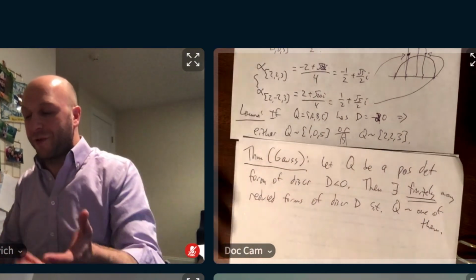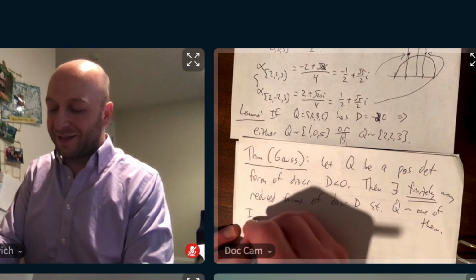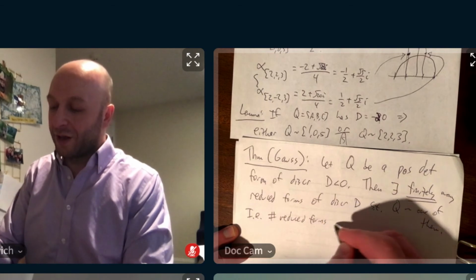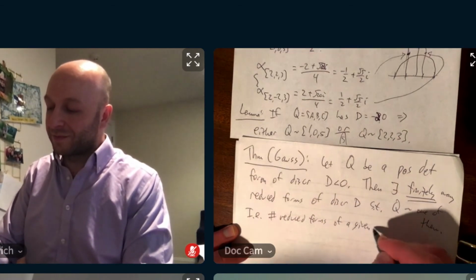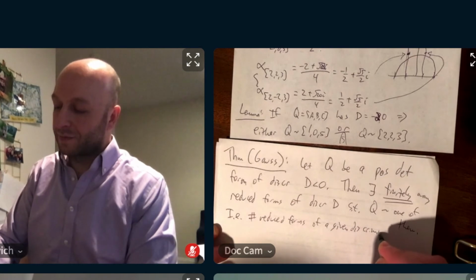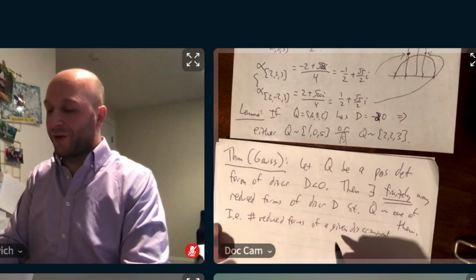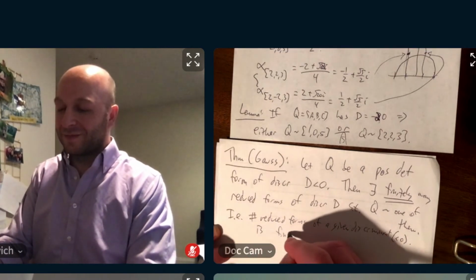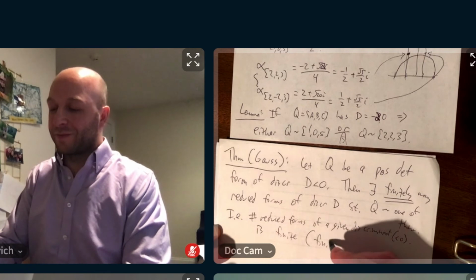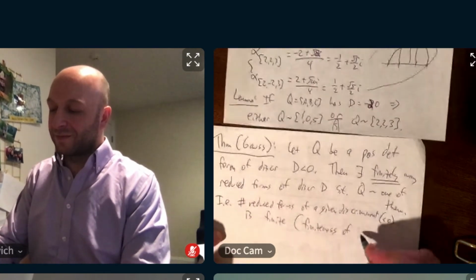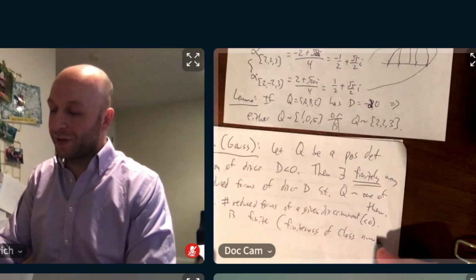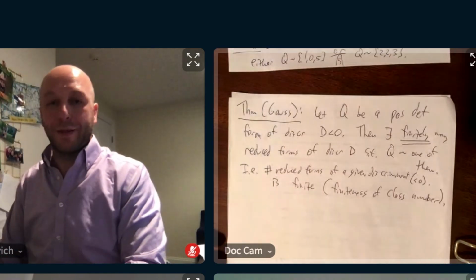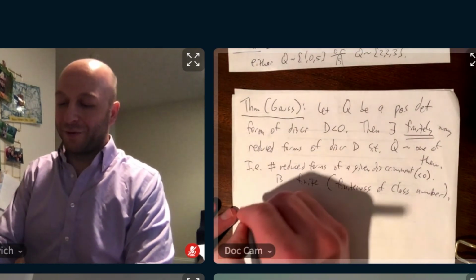I'm trying to mimic the previous lemmas we had, i.e., the number of reduced forms of a given negative discriminant is finite. This is called the finiteness of the class number. A major result in the history of number theory. And now it's a very easy theorem for you guys. Let's prove this theorem.